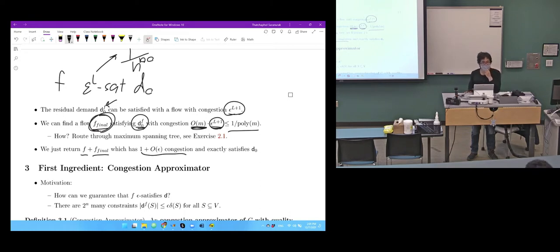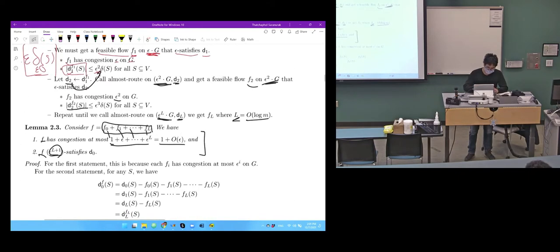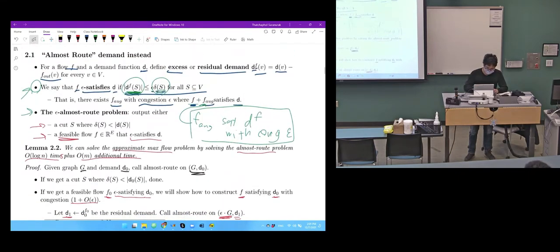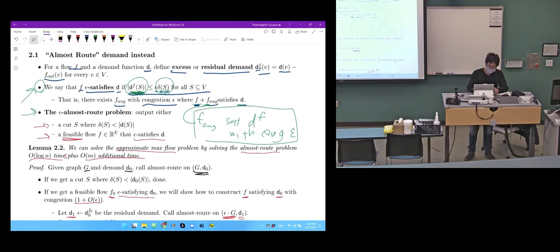Questions? I forget, was the almost route algorithm used as a subroutine in between? Yes, let me recall. Almost route either finds you a cut or returns a feasible flow that epsilon-certifies the demand.